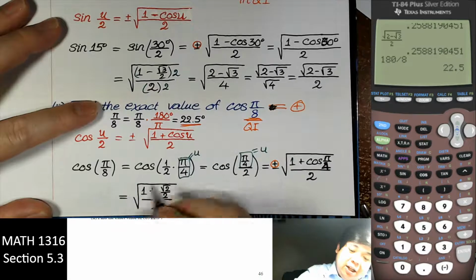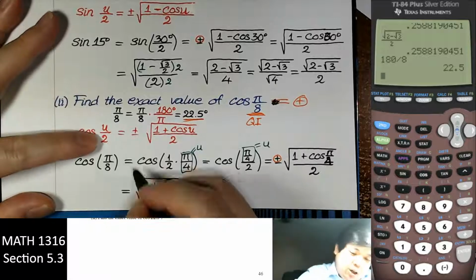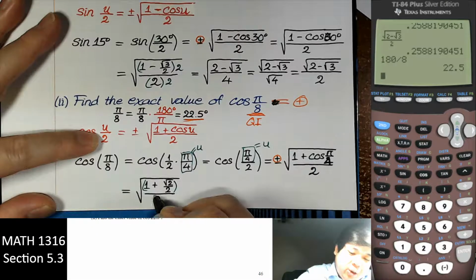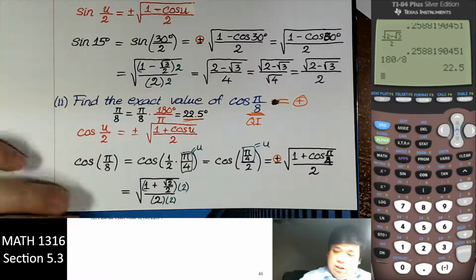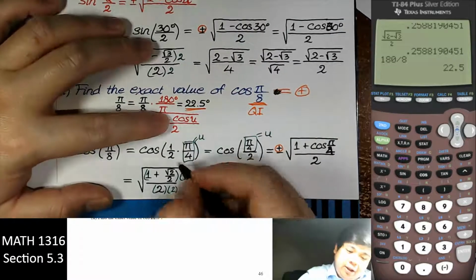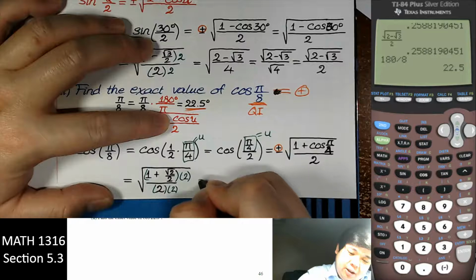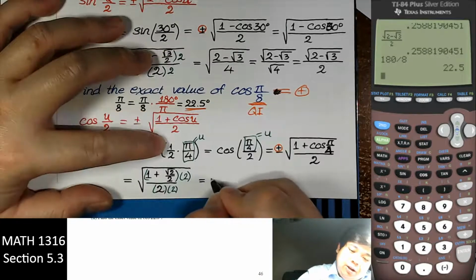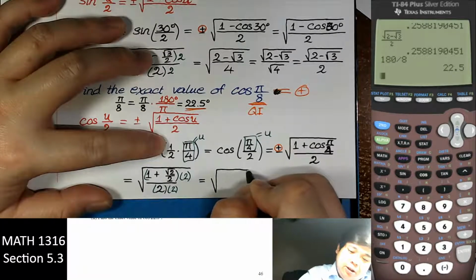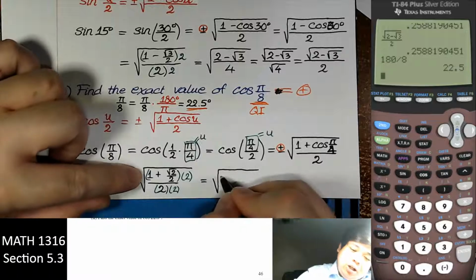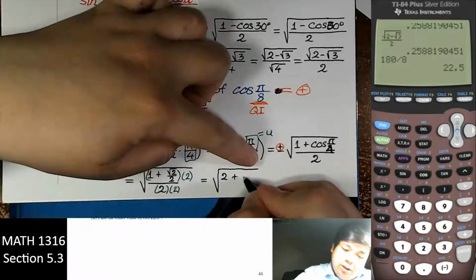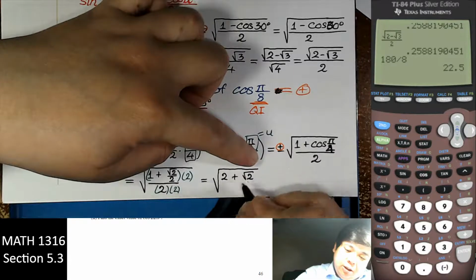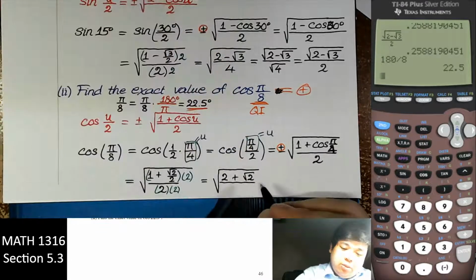And then to simplify this, most of the time we will need to multiply by 2. Two times 1 is 2. 2 and 2 cancel out. 2 times 2 is 4.